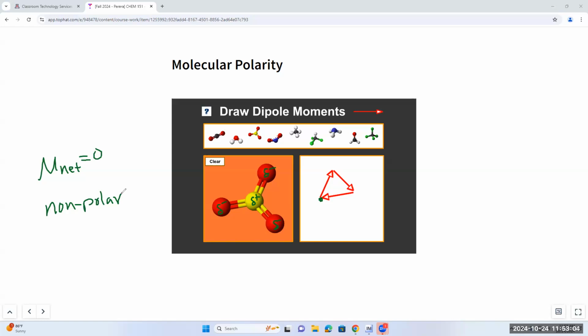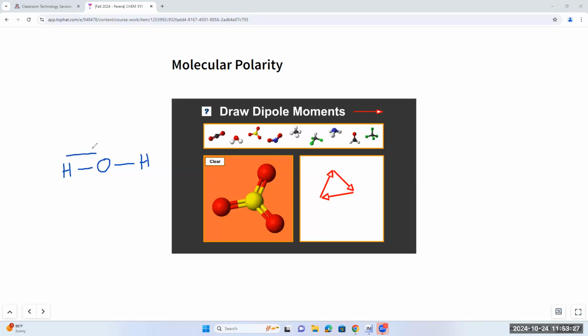Here's an example. So I saw some of you drew water, an H2O molecule like this. If you drew H2O molecule like this, please pay attention for a second. Oxygen is more negative.